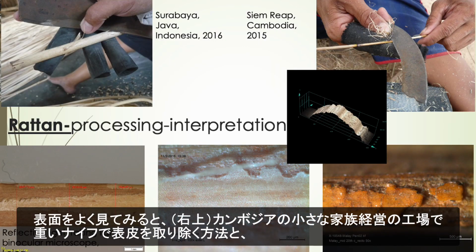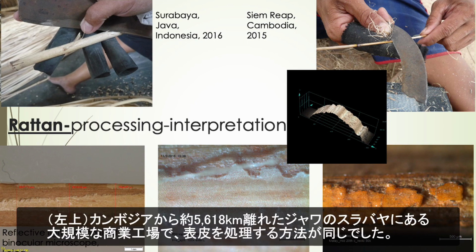Looking closely at the surface, the method of removing the outer layer with a heavy knife, both in Cambodia, which you see in the top right, in a small family plant, was identical to the way in which the surface was treated in a large commercial factory in Surabaya, top left.